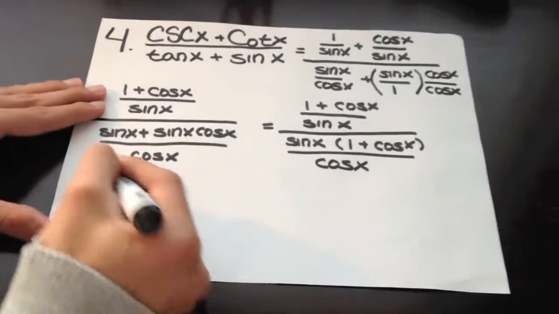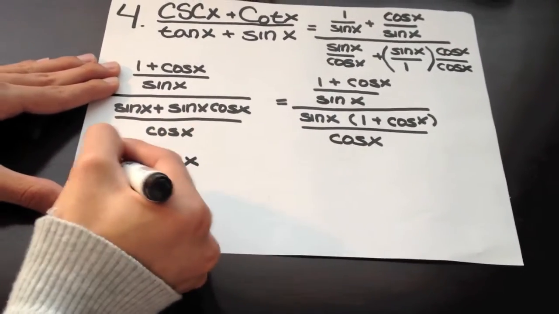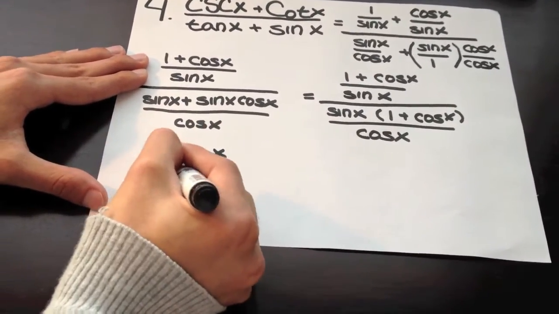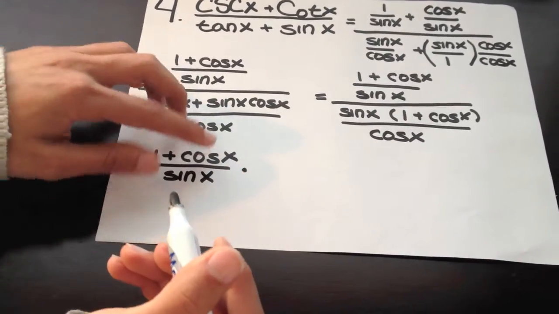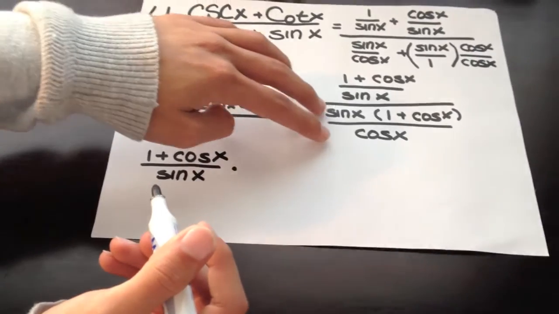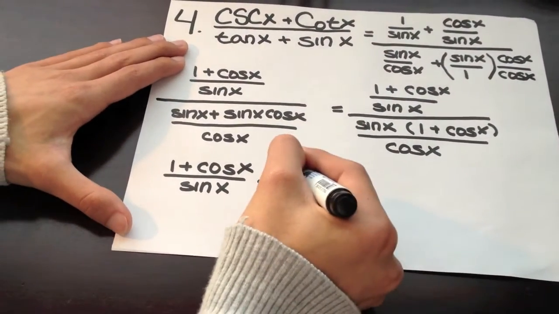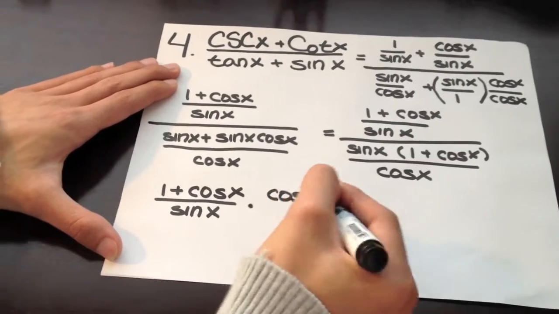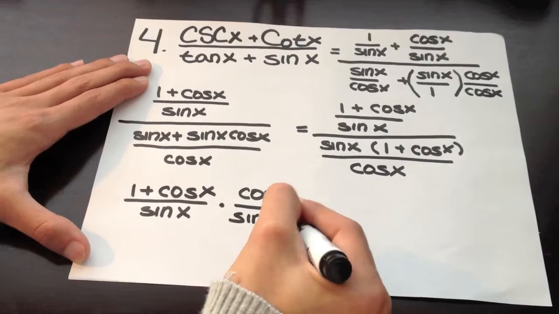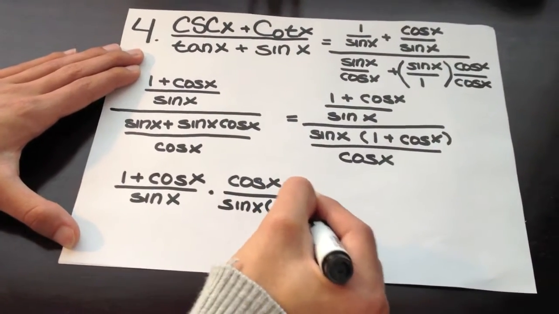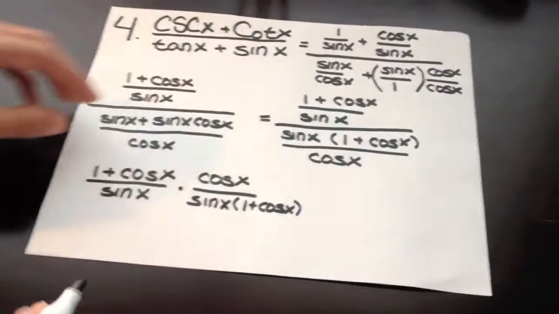That's the same as 1 plus cos of x over sine of x times, we're going to multiply it by the reciprocal of the bottom part, so that's going to give us cos of x over sine of x times 1 plus cos of x. So I basically flipped the bottom part.